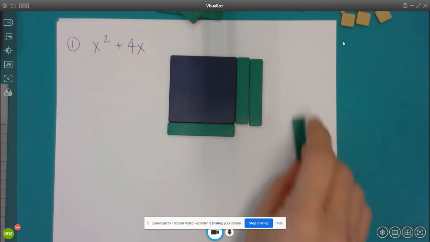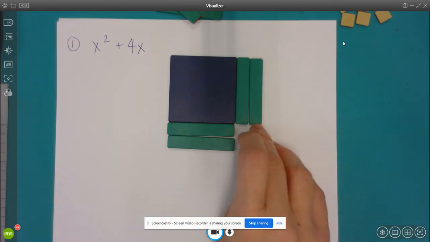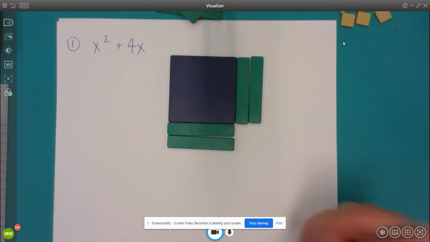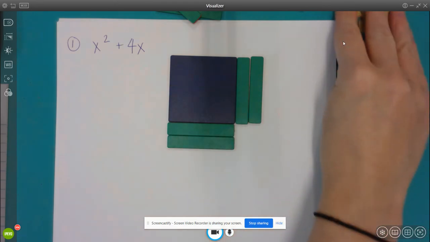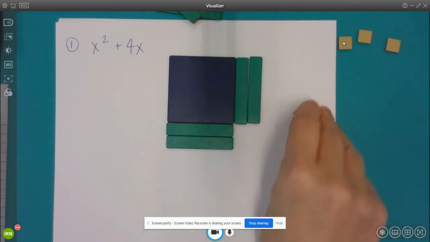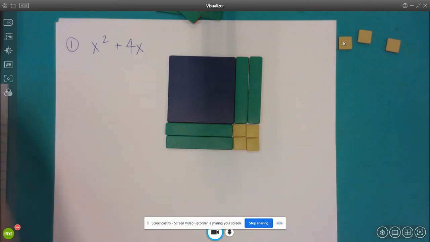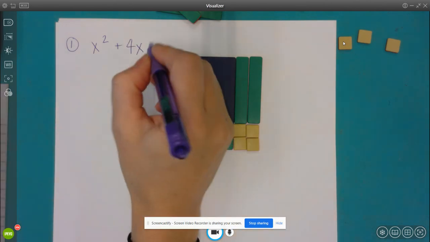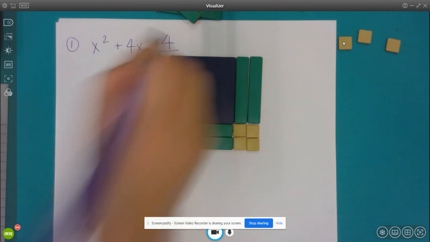So it has to be split evenly into 2 and 2. So if this is what we have so far for our square, what would be missing would be those 4 single units that we had before. So that would be our missing piece here on the end would be plus 4.